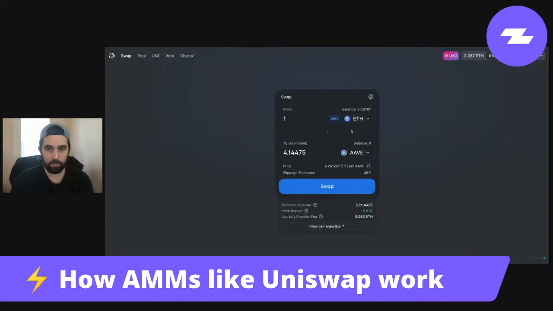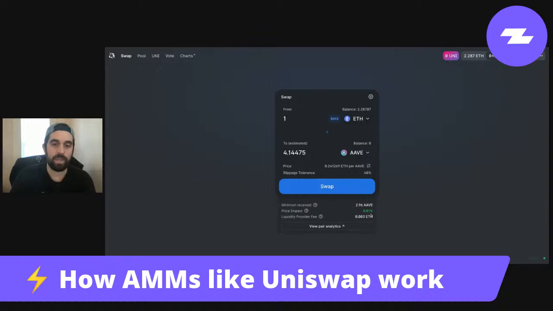Just for the sake of time, we'll focus on the simpler 50-50 example here. But anyways, this is basically replacing my need to go to a centralized exchange where often we work with a closed order book, and it just means that normally for every buyer, there is a seller, and it is not necessarily just this large pool of 50% Ether, 50% Aave.